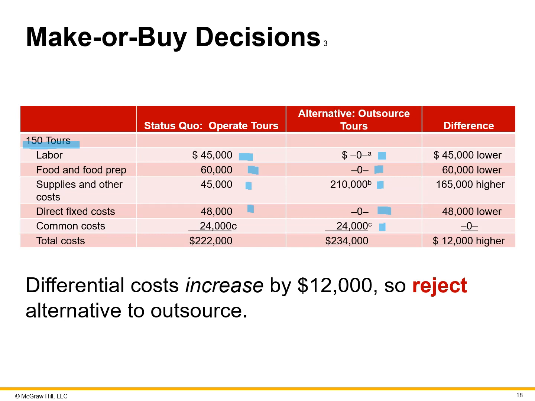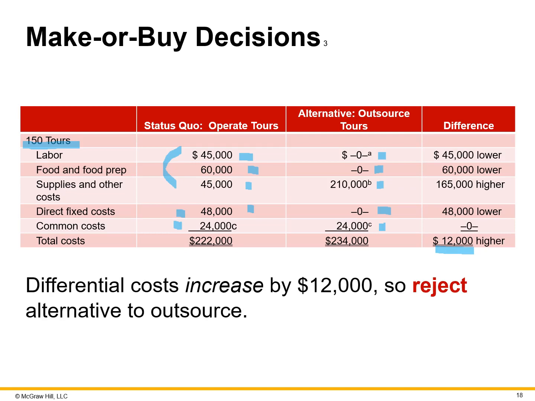So if we do 150 tours, it's better to do the tours ourselves because the sales price minus the variable cost of the labor, food, and supplies gives us plenty of contribution margin to cover the common costs and the fixed costs. So we actually come out $12,000 better if we operate the tours ourselves, assuming that we do 150 tours.